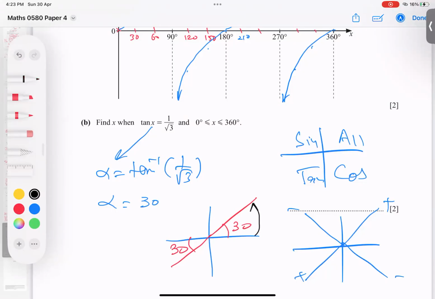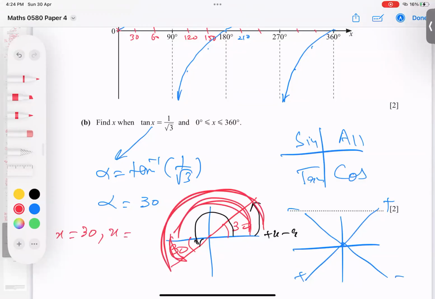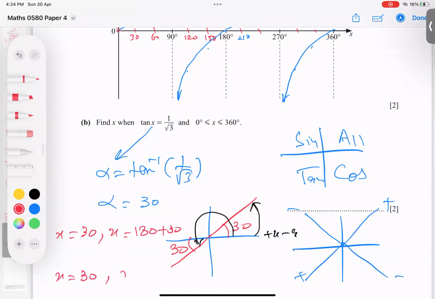Start from the positive x-axis and move anti-clockwise till the line. This is the first answer, this is the second answer. The first answer I'm getting is simply 30. The second answer is 180 plus 30. So I'm getting two answers, 30 and 210.